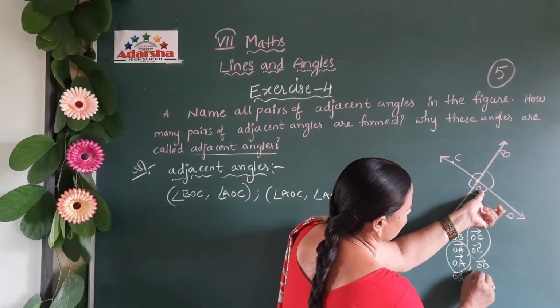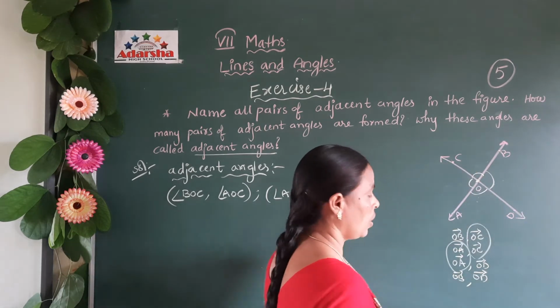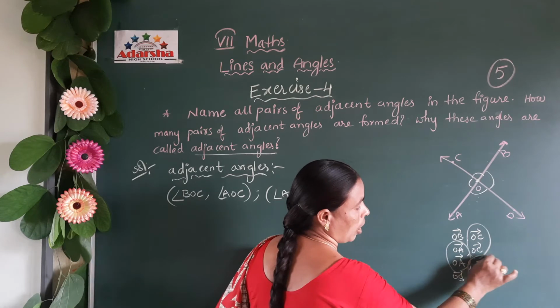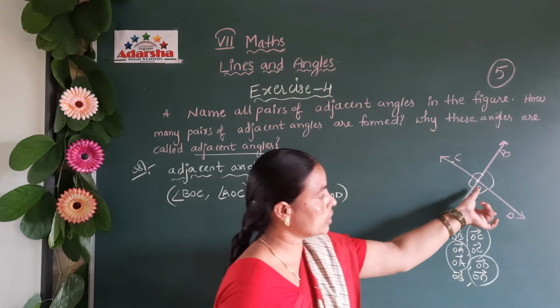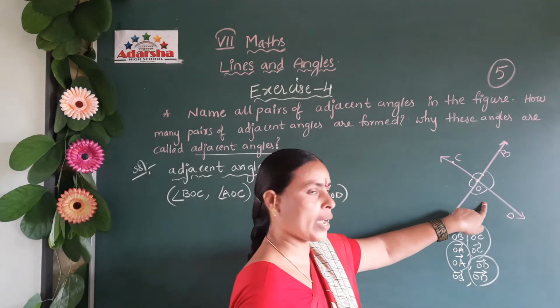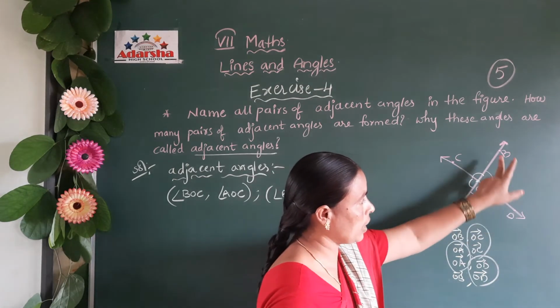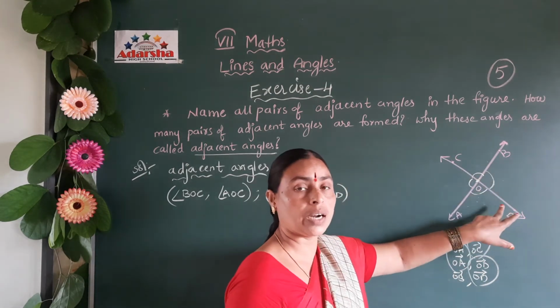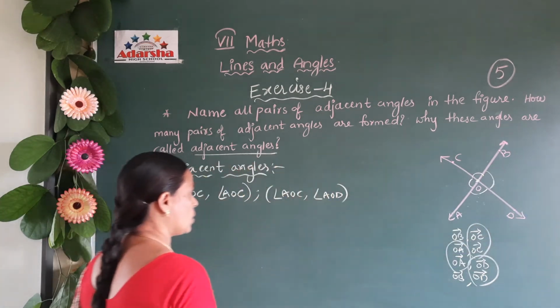They have the common arm OD. OD is the common arm and the common vertex is O in these two angles. So AOD and BOD are also called adjacent angles.